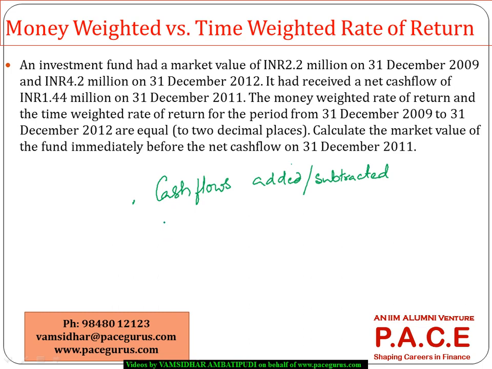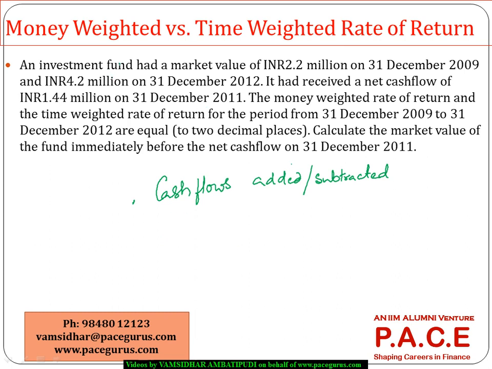That is what we do as a part of money weighted rate of return. Whereas in the case of time weighted, we are not bothered about the cash flow when it is added. Whatever is the cash that is available, what is the return that it has generated during the period before the new cash flow has been added.